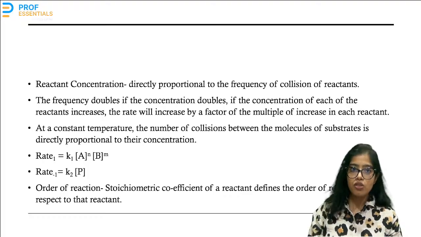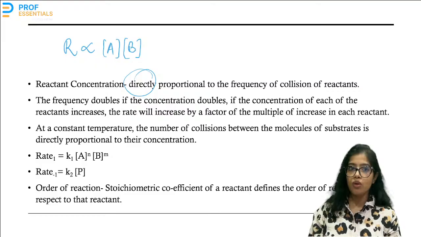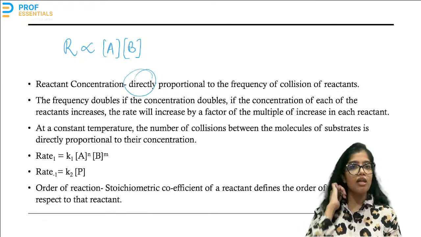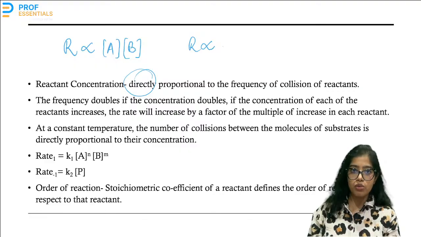So this is also directly proportional. Now how is it proportional? The rate of a reaction is directly proportional to the concentration of the reactants. Say reactants are A and B, so rate is directly proportional to A and B. Now suppose the number of molecules of A and B are N and M respectively.